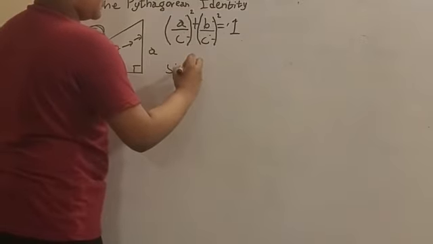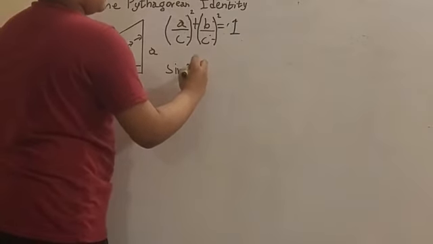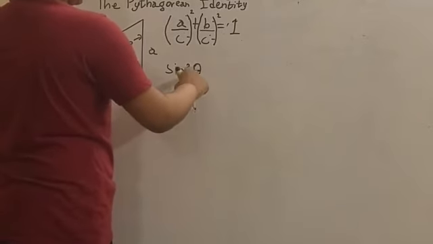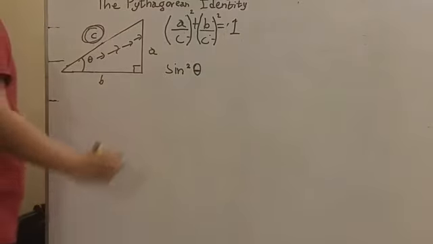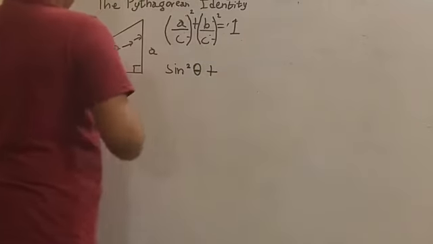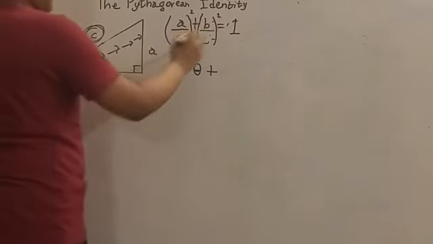Although in trigonometry, the exponent would be here, which we will write as sine squared theta. So this plus, now this is the adjacent, and this is the hypotenuse.